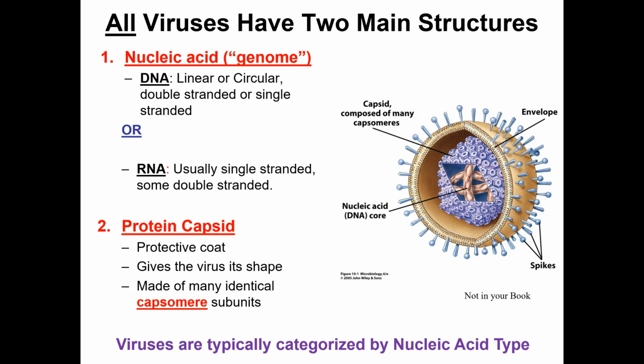Next question. Is that genome double-stranded or single-stranded DNA or RNA? So when we look at bacteriophages, we start with them because they are double-stranded DNA viruses. Okay, so they go through transcription, translation, just like we're used to.